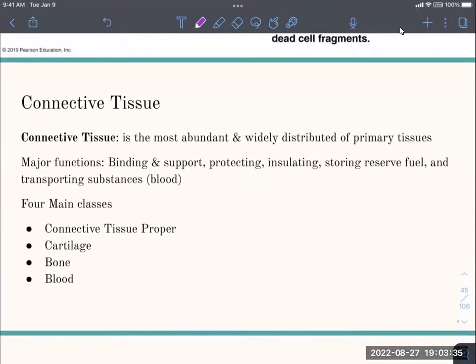There are many different kinds of connective tissue, and it is actually the most abundant and widely distributed of the primary tissues. It is found all over the body.